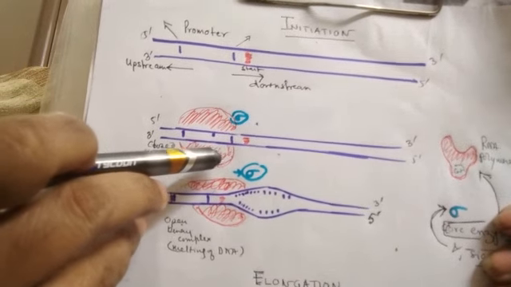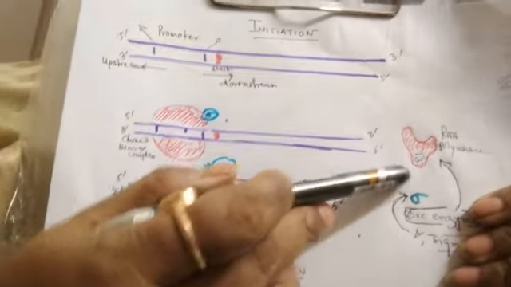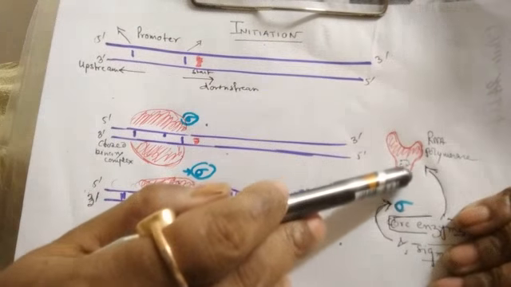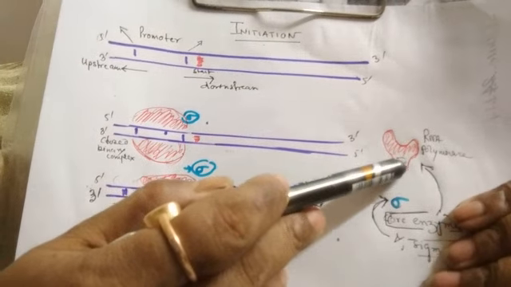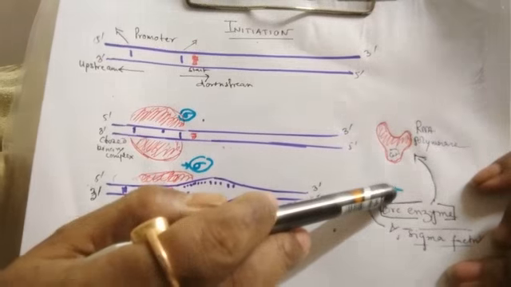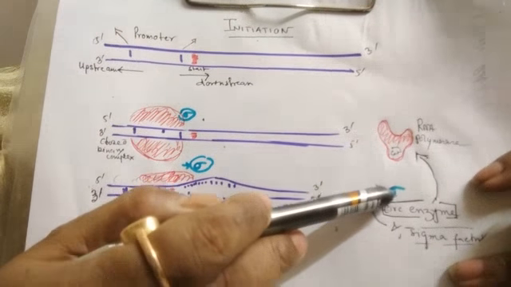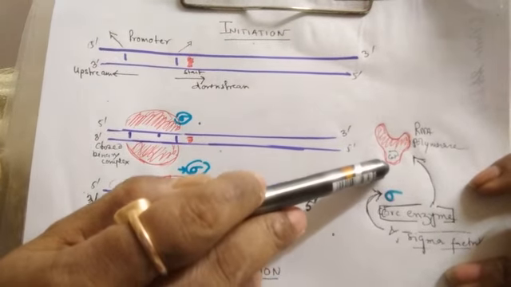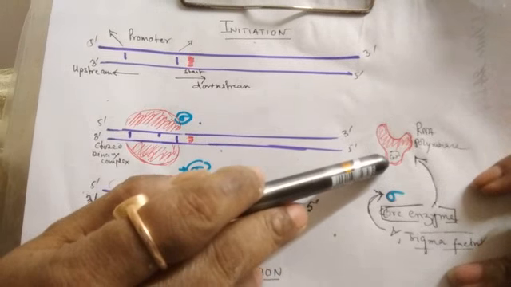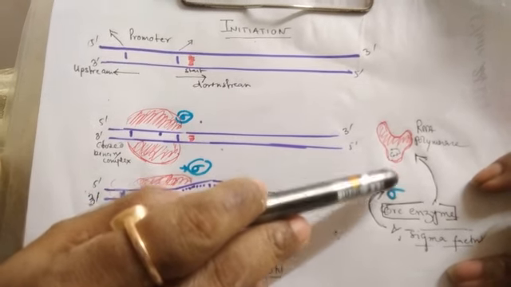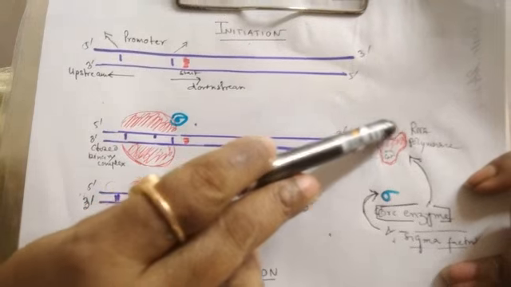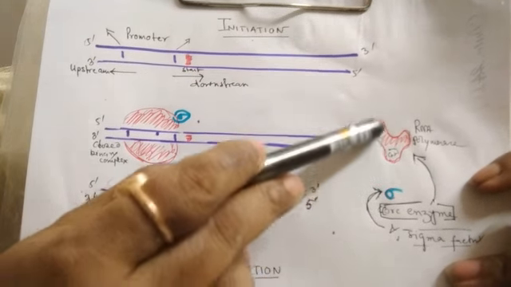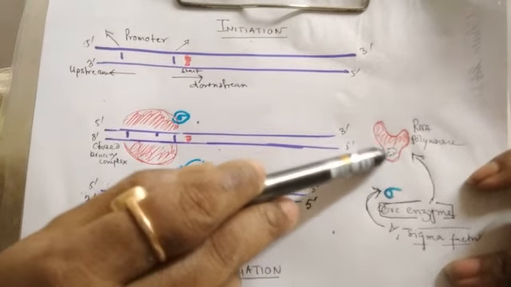At first, this is the core enzyme, and this is the catalytic part of the core enzyme, and this is the sigma factor. Clear? Normally the sigma factor does not remain bound with the core enzyme. The core enzyme is the DNA dependent RNA polymerase.